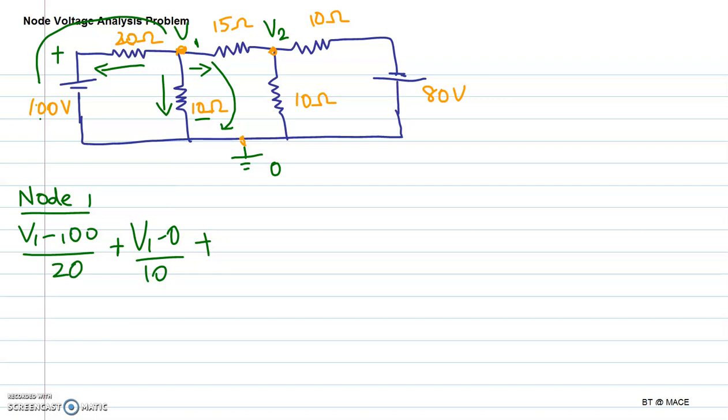Between V1 and V2 we have the 15 ohm resistance, and I am assuming that the current is flowing out from node 1, so it is V1 minus V2 divided by 15, equal to 0, since all the currents leaving should be equal to the current entering. So this is equation number 1.